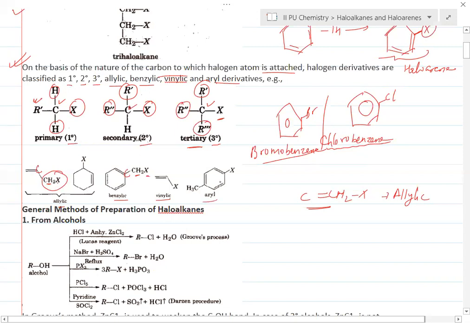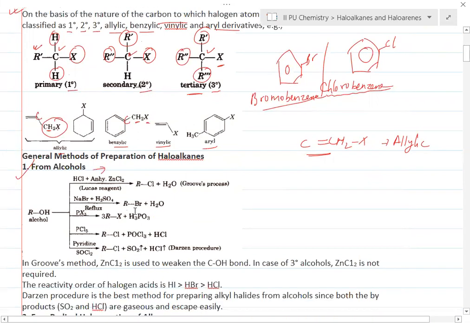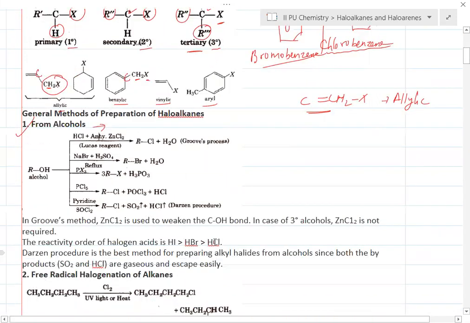Now see how we can prepare haloalkanes. The first method of preparation is from alcohol. Alcohol, ROH, reacts with HCl in the presence of anhydrous zinc chloride.